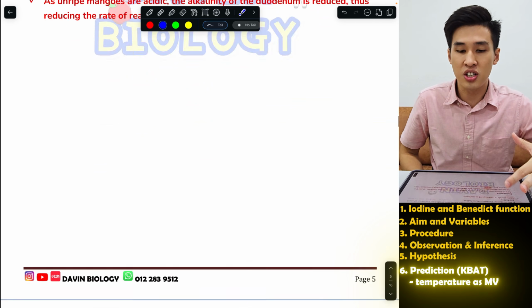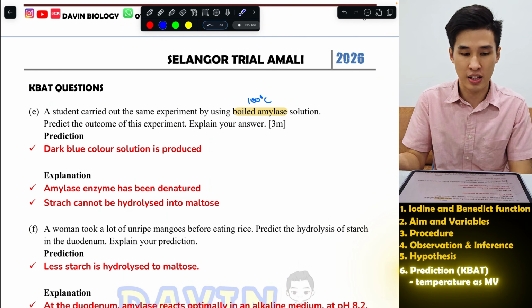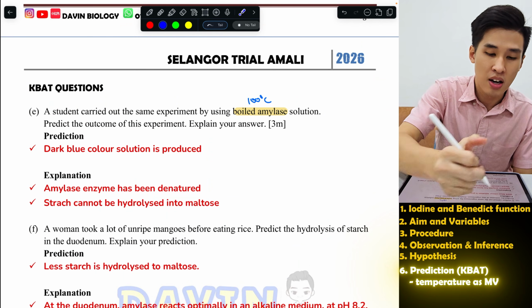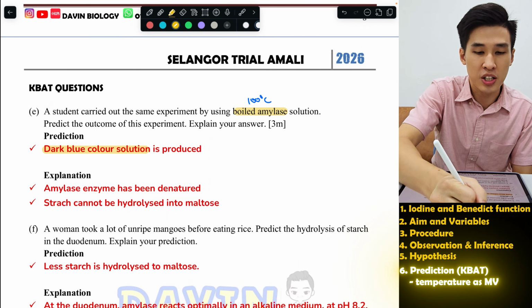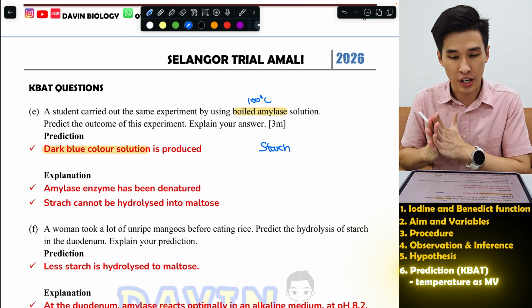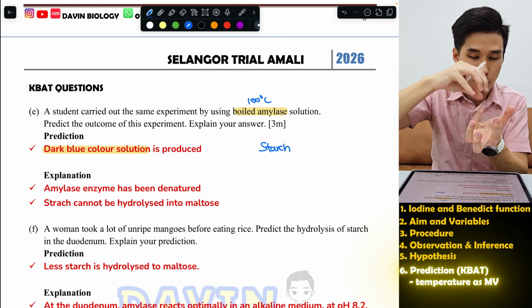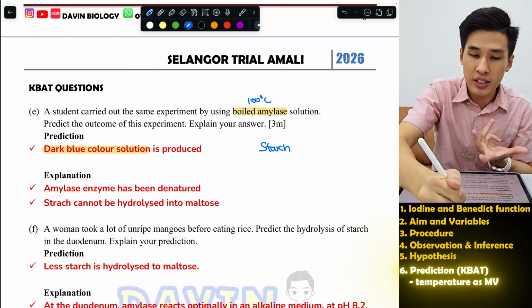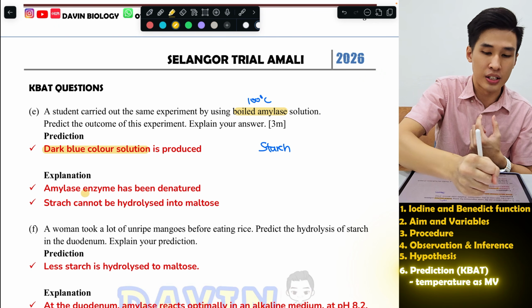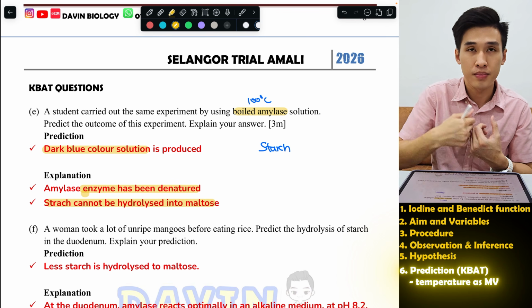Okay, so for this one, they just ask you to predict if I use boiled amylase. So if I use boiled amylase, a dark blue solution will be produced because now your starch is not digested. When starch is present in the end, iodine will test the presence of starch, so you form dark blue. The reason I told you already: the enzyme is denatured, so no starch can be digested into maltose.